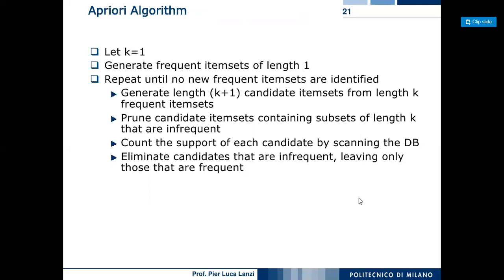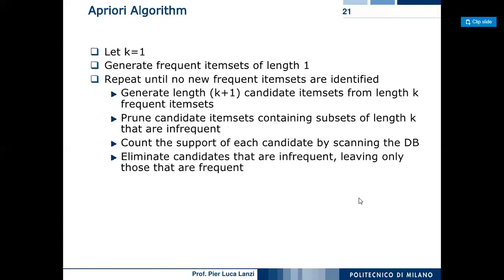Repeat until no new frequent item sets are identified. Generate k plus 1 candidate item sets from the length k frequent item sets, and prune candidate item sets containing subsets of length k that are infrequent, and count the support of each candidate by scanning the DB and eliminate candidates that are infrequent, leaving only those that are frequent.